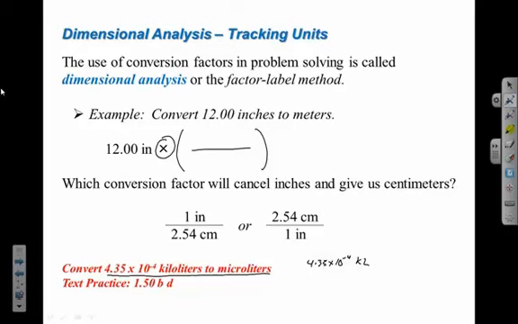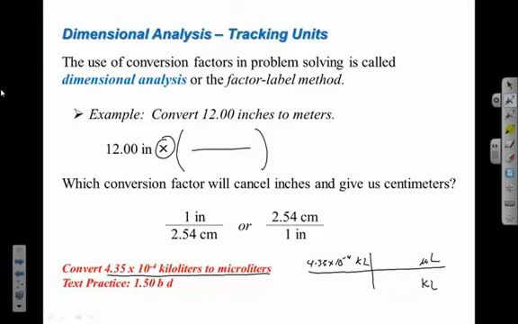So instead, I personally feel it looks cleaner if I just make a grid where I can multiply everything on top and divide everything on the bottom. It's the same thing. If you don't like that, you don't have to use it, but that's what I like to do. So what I need is a relationship where I can cancel kiloliters and get microliters.